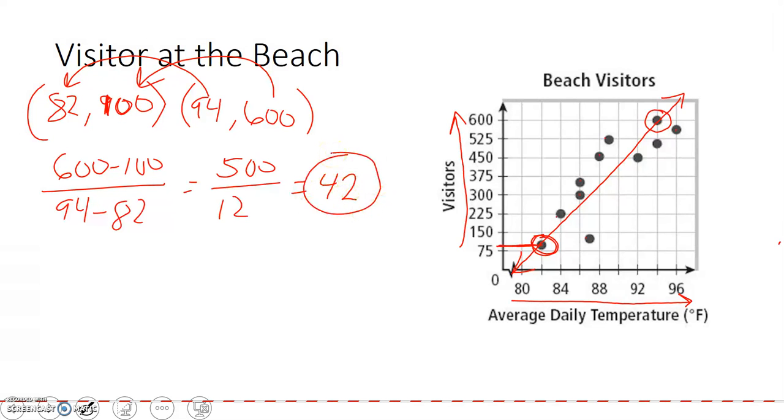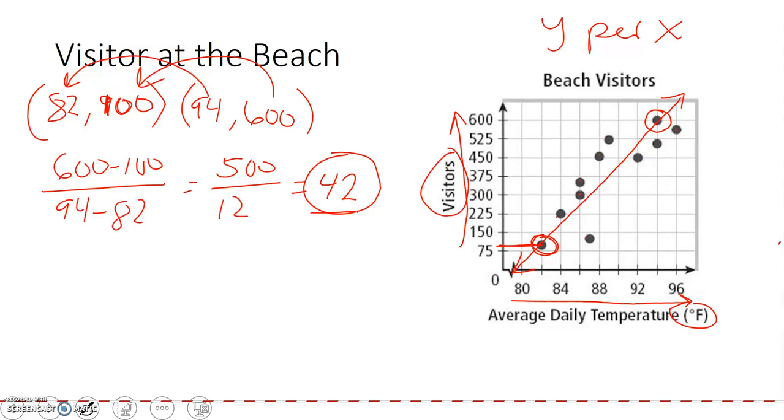So the slope in this case, remember, is the y per the x. So that means the y is the visitors, the x is the temperature, or the degrees. And so we get 42 more visitors to the beach with every degree that it's warmer outside. That's what the slope is.